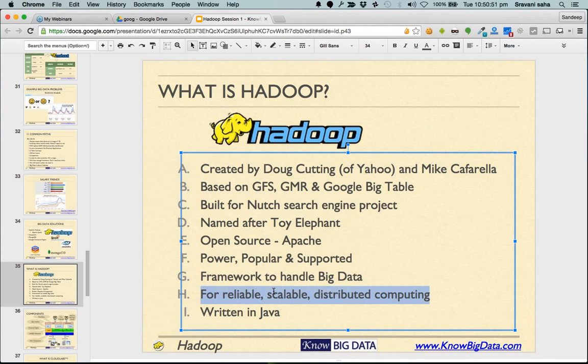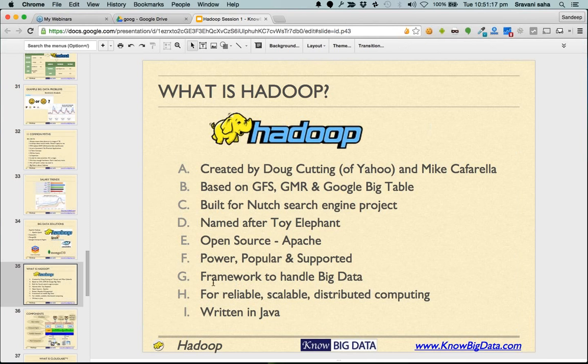Next is distributed computing: whenever we want to compute something, it should be able to get it done using multiple computers. Second, it should rely on data locality. These are the common characteristics of every Hadoop product, be it HDFS, MapReduce, or Oozie. We'll talk about all these products. All of them have to do with distributed computing, scalability, and reliability.